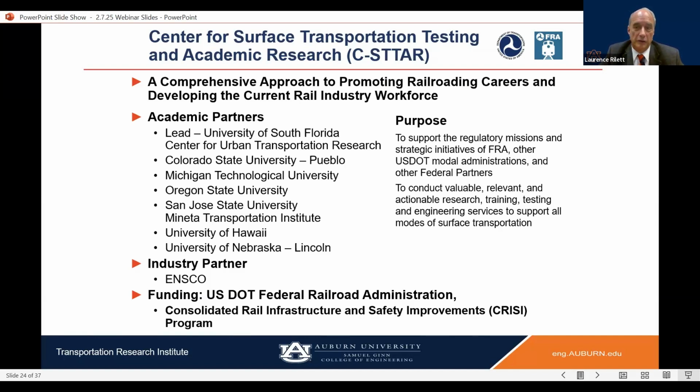I'm not going to read everything on the slide. As I said, they'll be available to everyone. But essentially, they're in education and outreach, building the next level of researchers and students interested in railway careers. Again, this was funded through USDOT FRA. Their CRISI program funded this center.